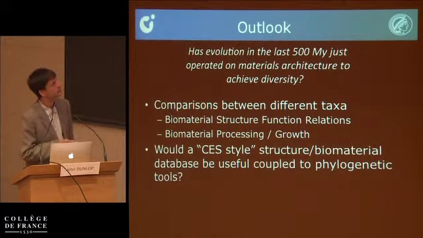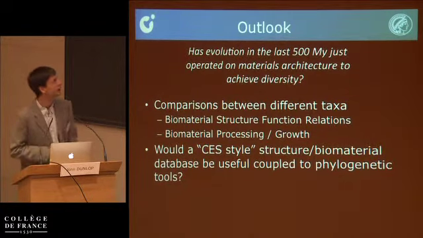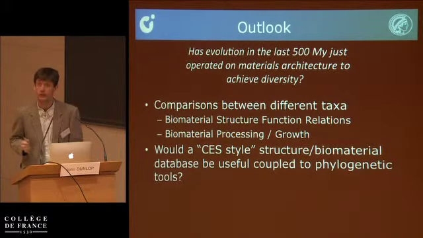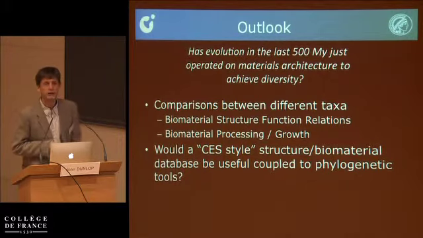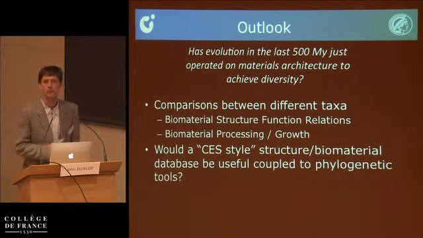So finally, as an outlook, how could one go and answer this question? This is something that's bugging me. As I mentioned, we can go for comparisons between different taxa, so looking at structure-function relations in very different systems, and try to understand how biomaterials are processed. So what's happening during growth and morphogenesis, and coming with an engineering perspective, I think could be quite interesting.